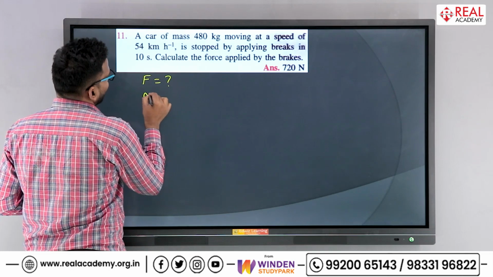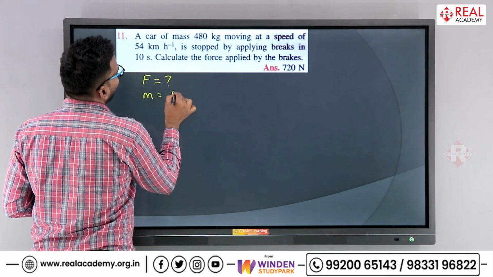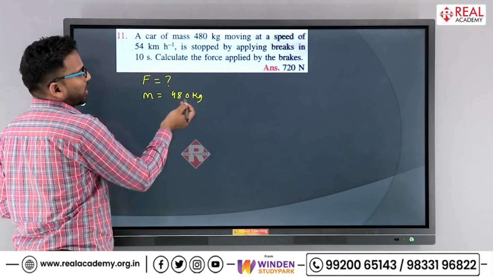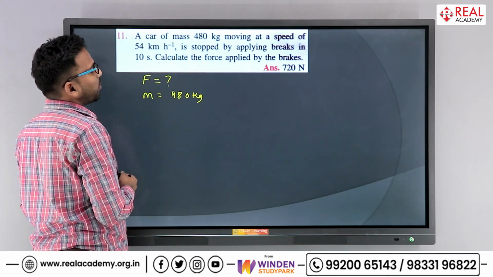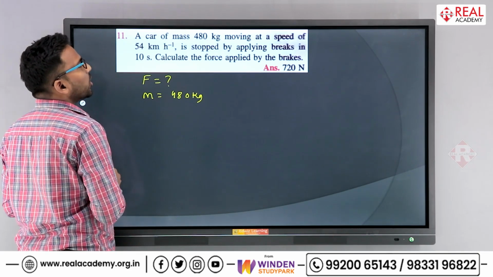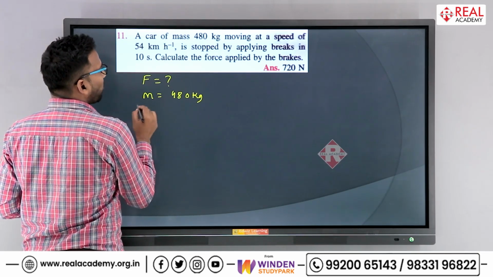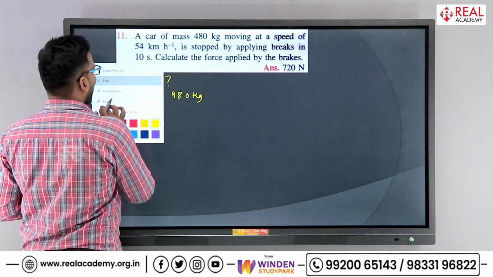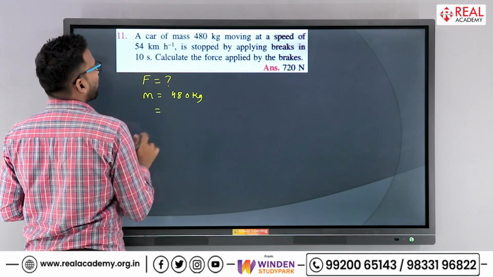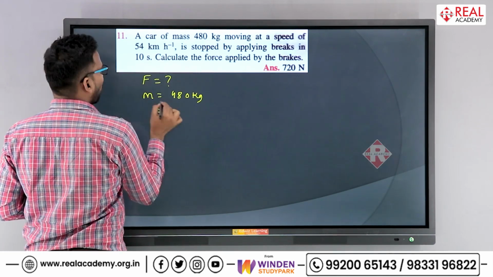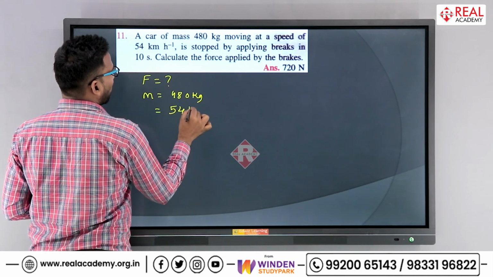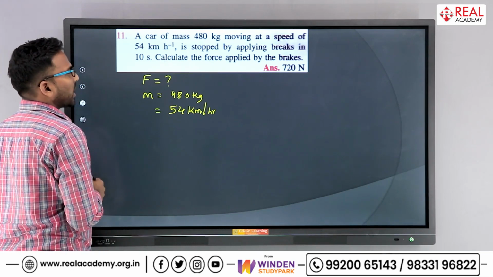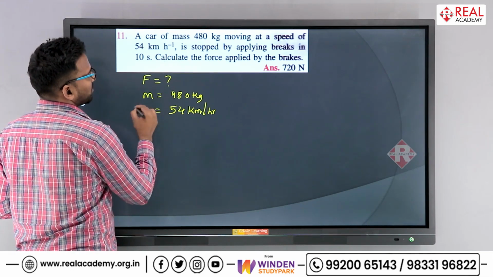The given data goes like this: m is equal to 480 kg. Do we need to convert this? No, because the data given here is already in kg. Moving at a speed of 54 km per hour, that means velocity, initial velocity, is 54 km per hour.